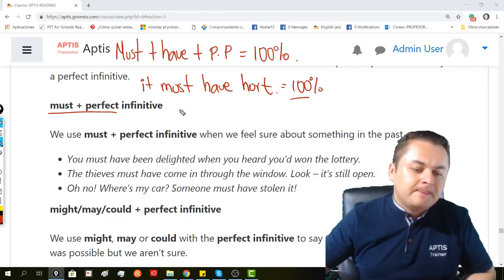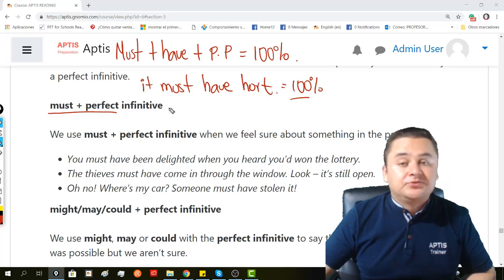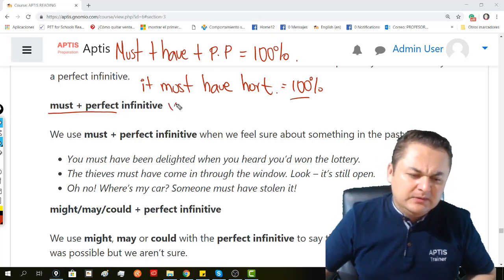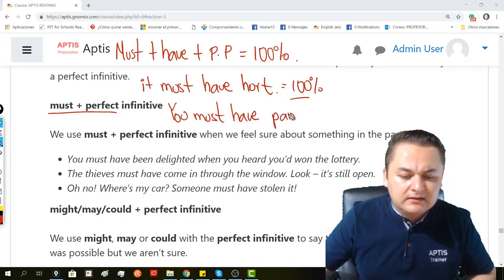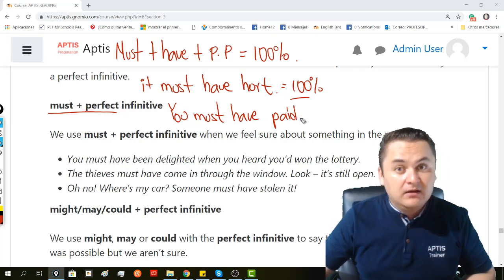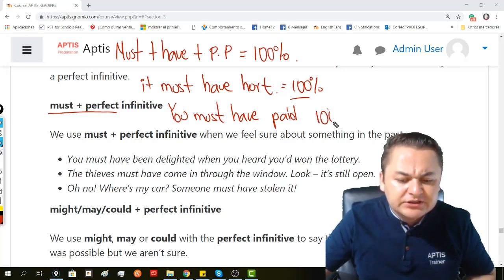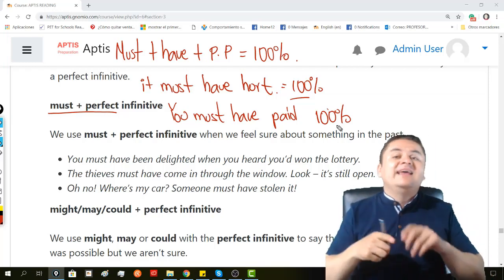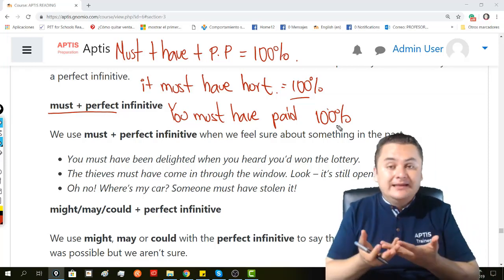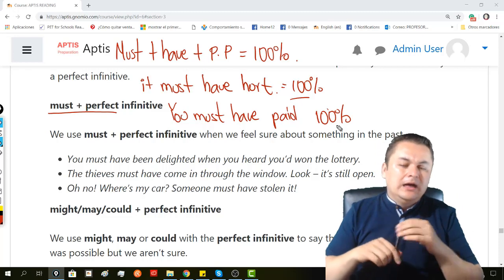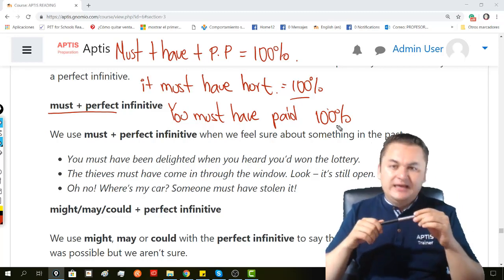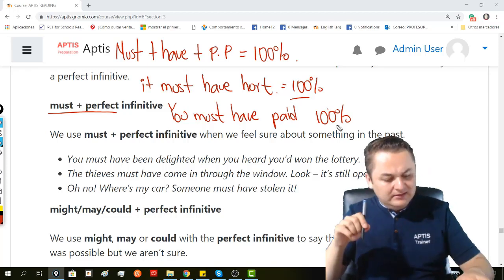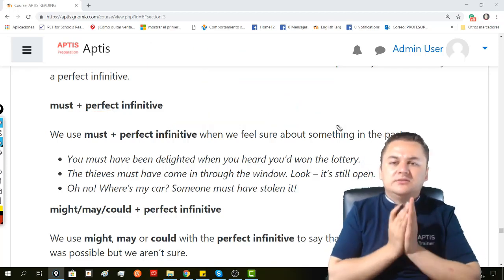Somebody says, hey, I'm driving a Lamborghini. And I say, wow, you must have paid a lot of money for that car. I am 100% sure you did that.